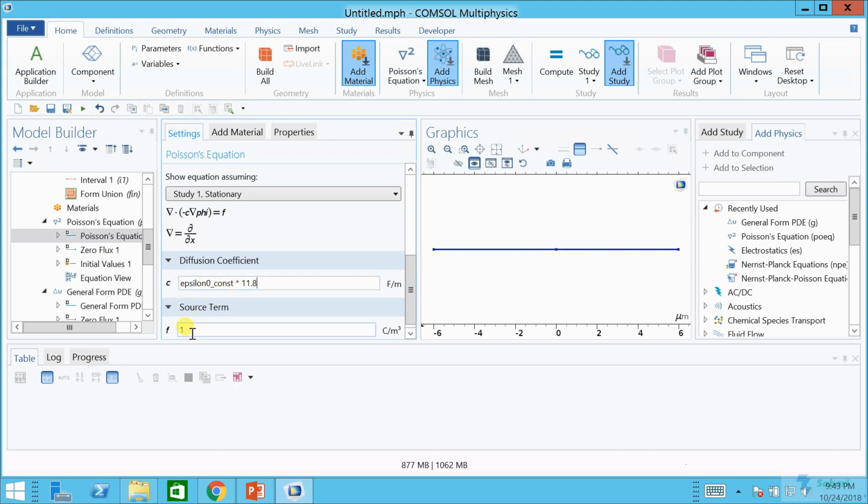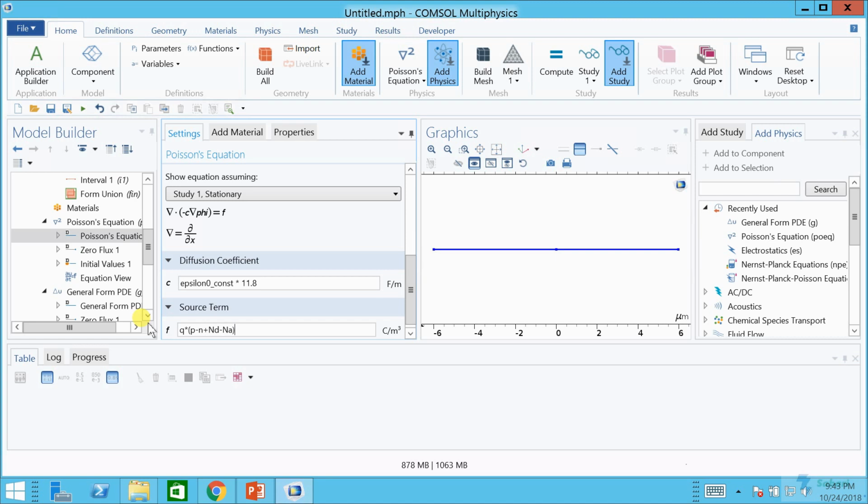And then the source term is Q, which is the charge, times p minus n plus the donor concentration minus the acceptor concentration.